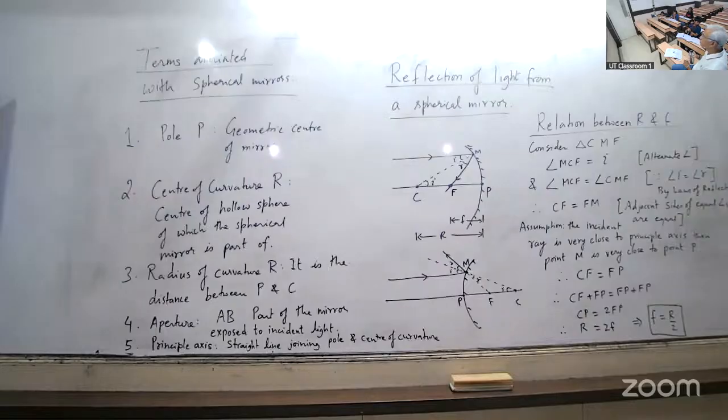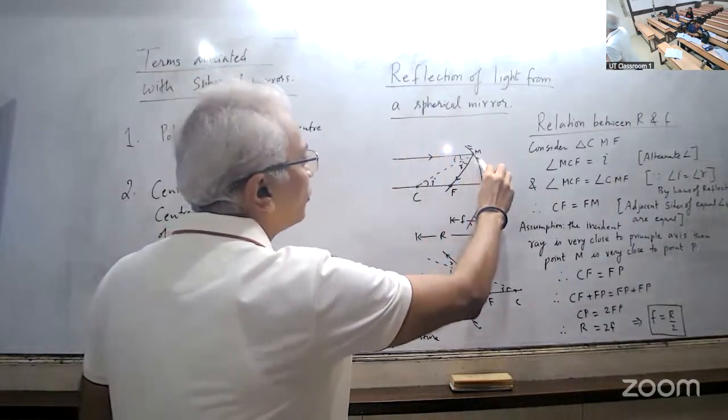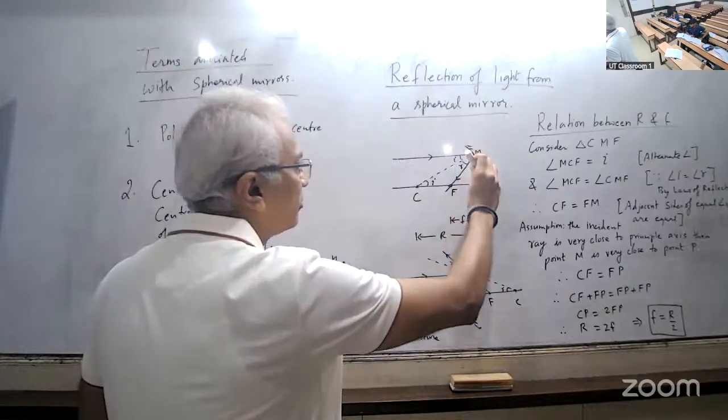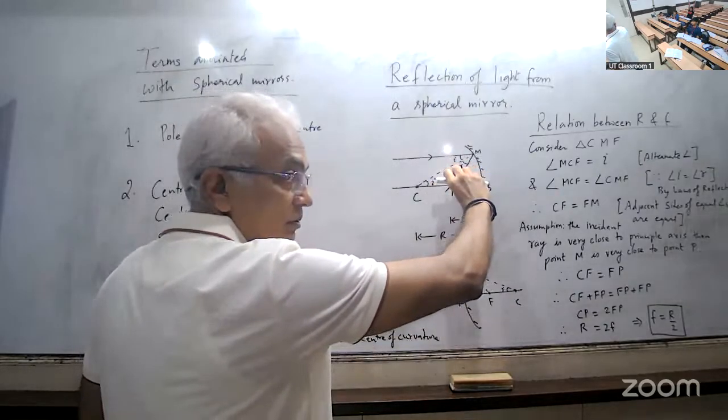So we have used the property of an isosceles triangle. If this ray was traveling close to the axis, then this M will almost merge with P. So M and P will be the same, and this FM will become FP.